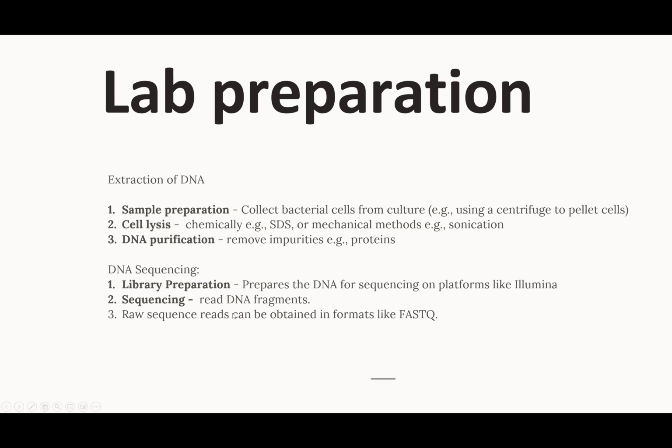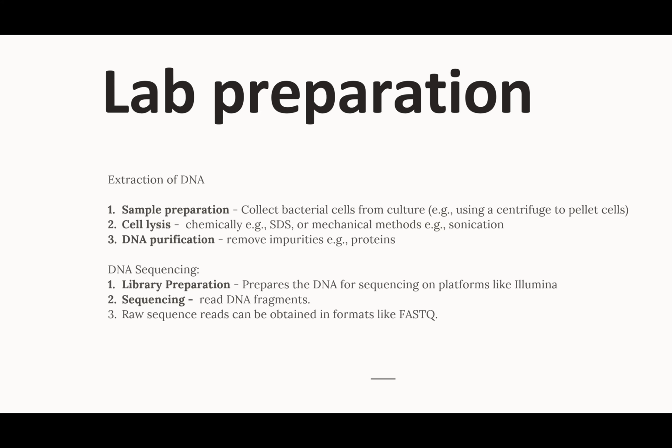And then the sequencing part involves, first of all, library preparation. So before you sequence, you need to have a library. So this is made up of your fragmented DNA, which you obtained. You can also do amplification, which involves increasing the amount of DNA because bacteria have very small DNA, so you might want to do that.